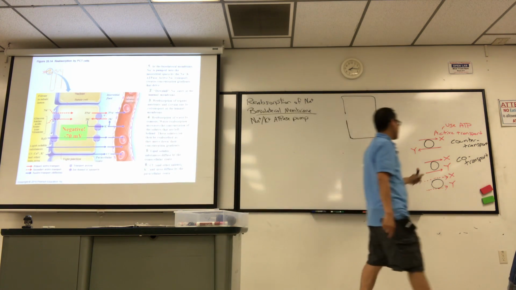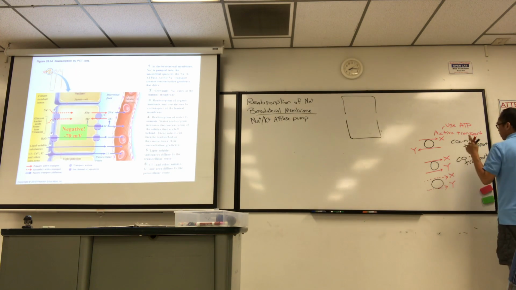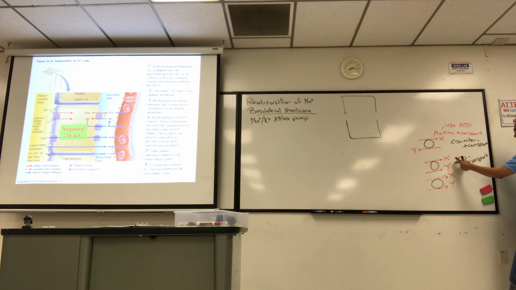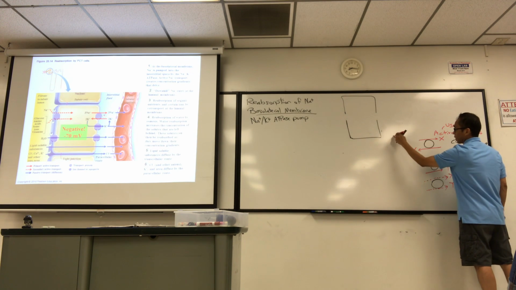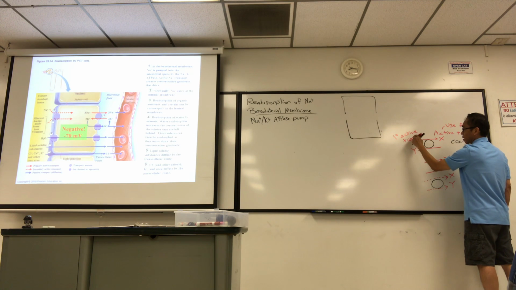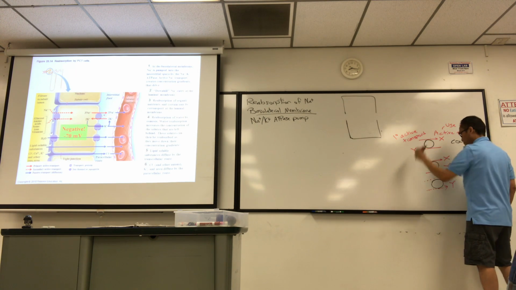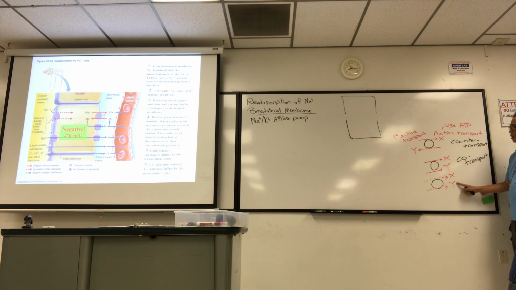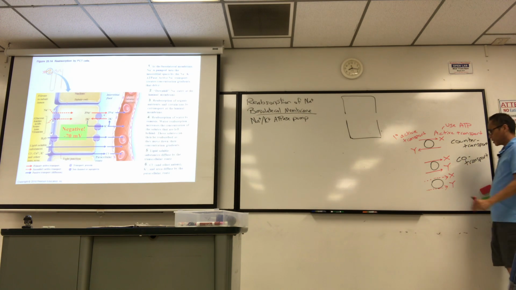So solid lines is active transport, primary active transport. Let's say this one here, primary active transport. Let's say this one here, dotted lines, secondary active transport.